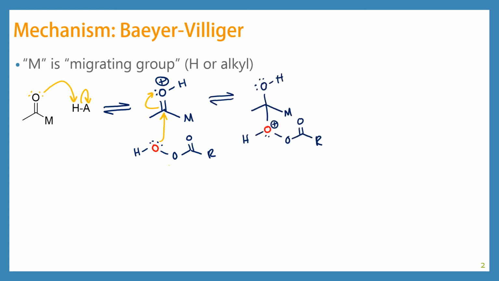So now we have a positive charge on the oxygen in the peroxycarboxylic acid. At this point, the conjugate base of our acid can deprotonate this. And then we will have another protonation of the carbonyl oxygen in the peroxycarboxylic acid.